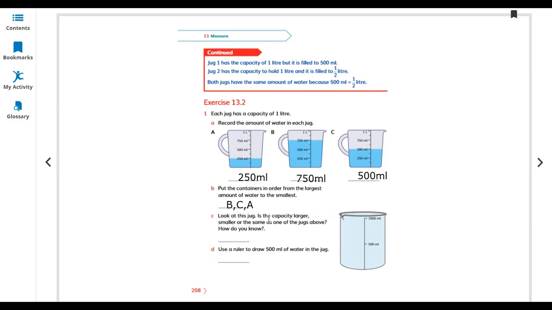Look at the jug. Is the capacity larger, smaller, or the same as one of the jugs above? How do you know? Same as above, because here we can see 1000 milliliters. So if it's 1000 milliliters, it means this 1 liter is equal to 1 liter. So we can write here, the same.